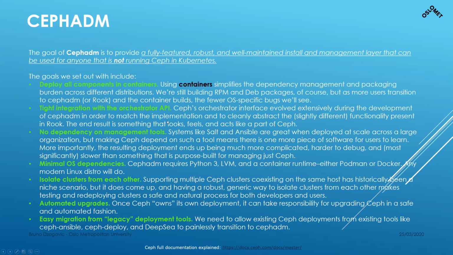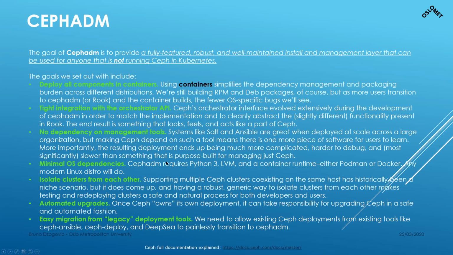This orchestrator is literally something like Kubernetes. So it automatically deploys containers not only on your local host but on the other nodes, the remote nodes. This is very good, and you don't need any other tool. You don't need Salt or Ansible or any tool to manage this. It's just out of the box.